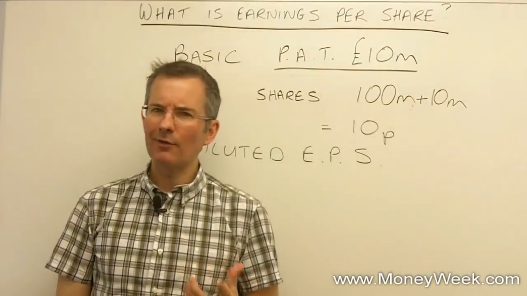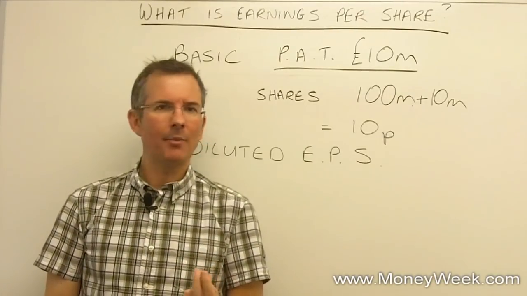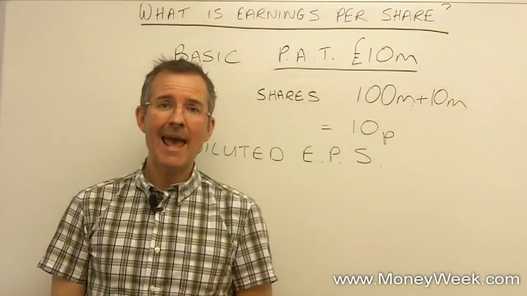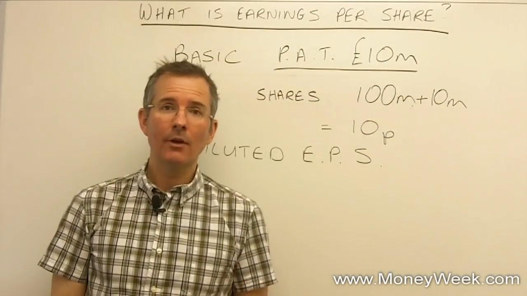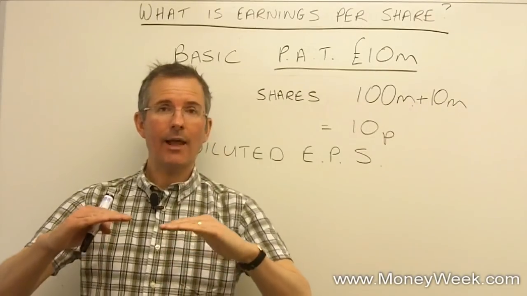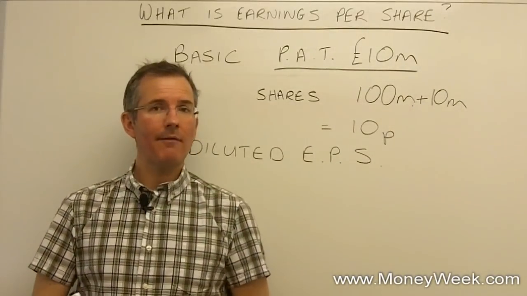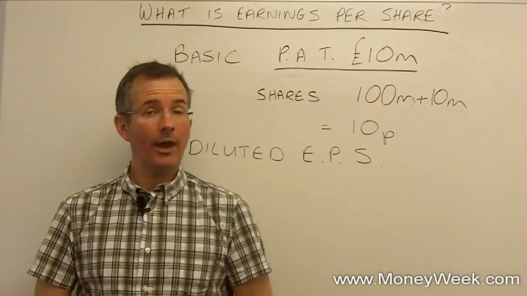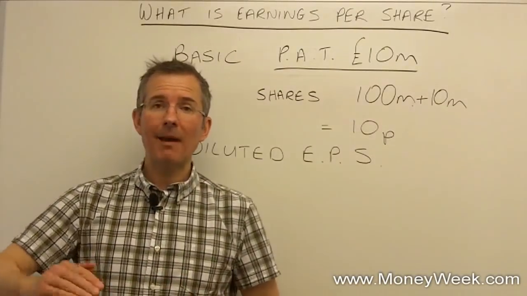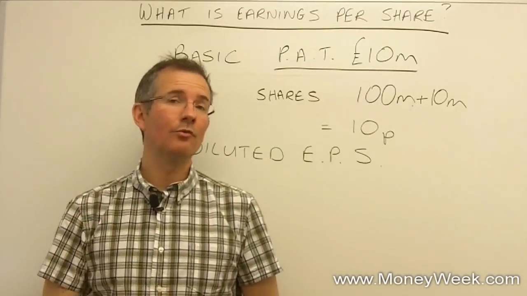Other examples of dilutive events are warrants outstanding, pieces of paper that allow you to buy shares, suddenly being exercised, or the conversion of debt into shares. Now, what would that do? Well, if a company's got debt outstanding and the people who've lent the money have decided rather than have it paid back, they'd like to take some shares in the company instead, literally convert, what would happen is on the balance sheet, debt would disappear and suddenly the number of shares issued would rise.